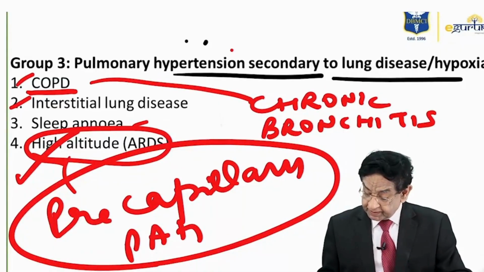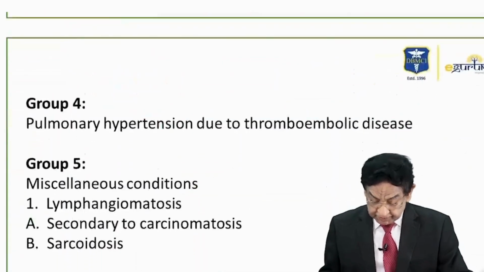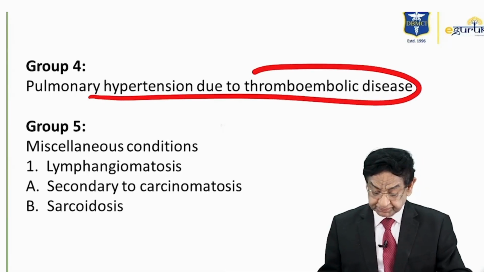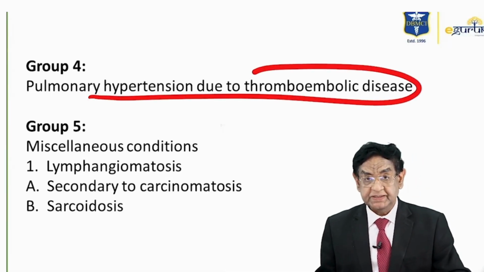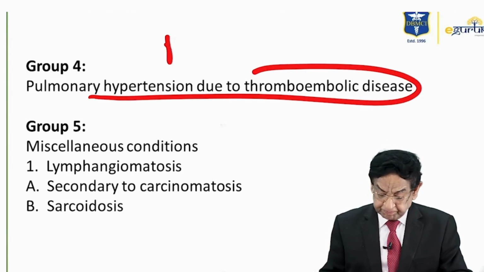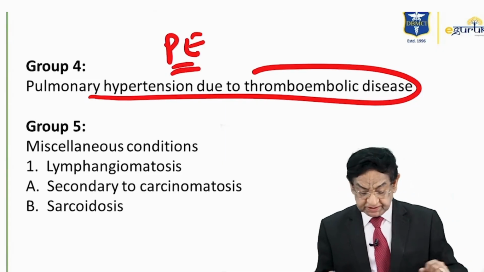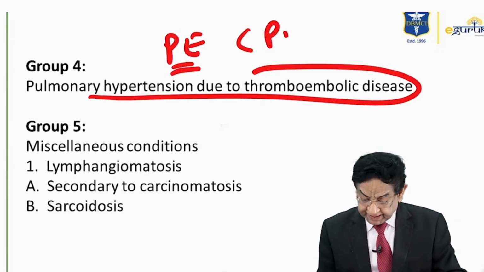Okay. Now we talk about causes due to thromboembolism, and the best example I can give is pulmonary embolism. This is also a type of precapillary.